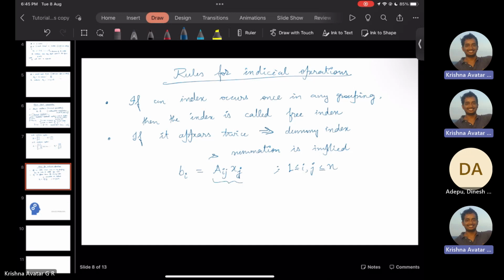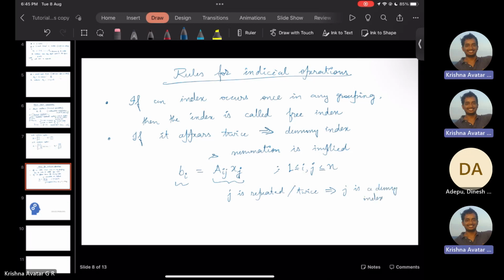So this is one grouping, and the term on the right is just a single component of any first rank tensor. On the right hand side, which is a grouping of symbols, we see that j is repeated. That means it occurs twice. So here j is a dummy index.